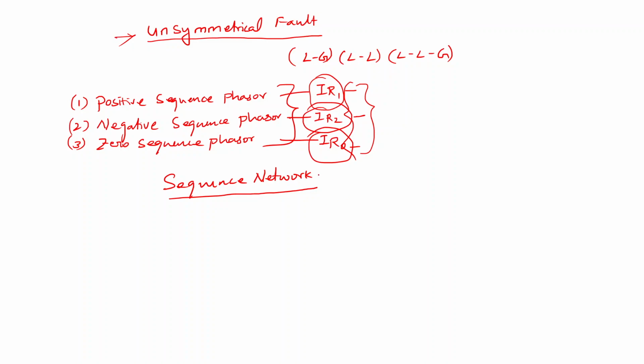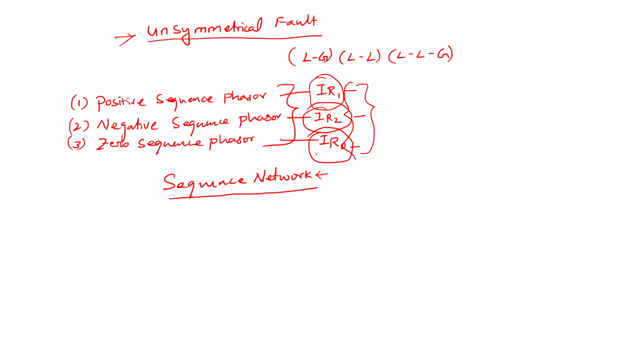We know how to find out IR1, IR2, IR0, and IY1, IY2, IY0, IB1, IB2, IB0. All these things we know, but we need to know the path. We need to know the network of how it is flowing inside the actual circuit. That is also needed.